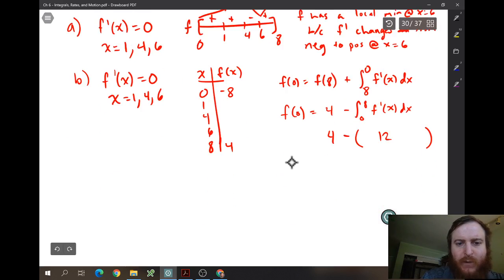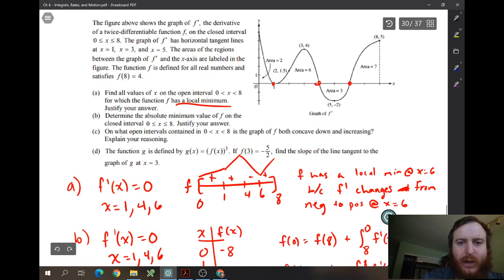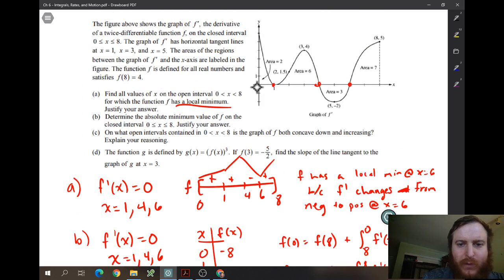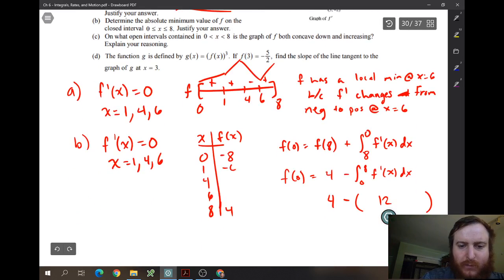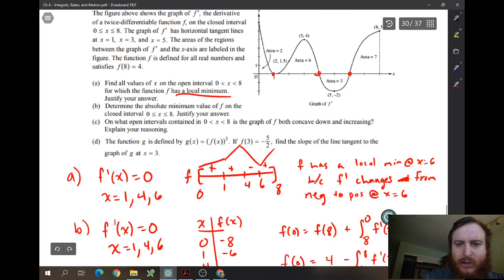Okay, then you're going to do the same thing for f of 1. Now, actually, what I like to do better is right here. I know that f of 0 is negative 8. So to go from 0 to 1, I'm at negative 8, and I'm just going to add on the 2. Negative 8 plus 2 is negative 6. Now I'm at negative 6, and to go from 1 to 4, I'm going to add another 6.